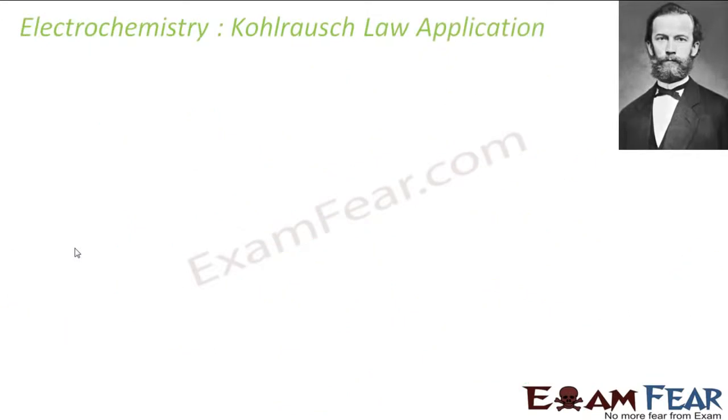So let's see the applications of Kohlrausch law we have just seen. The first thing is that it is used to find the molar conductivity at infinite dilution for weak electrolytes.